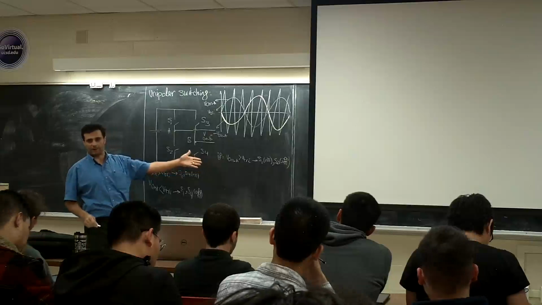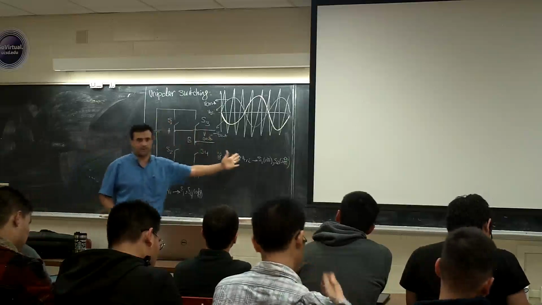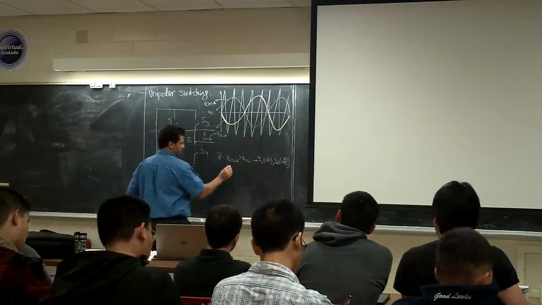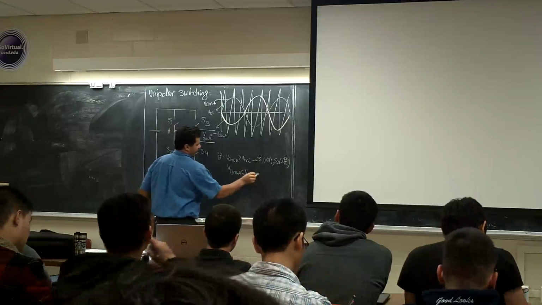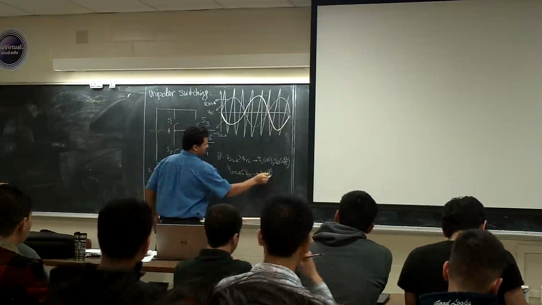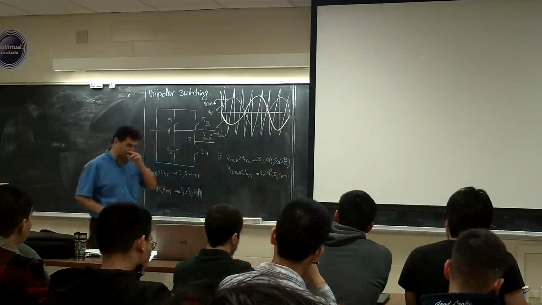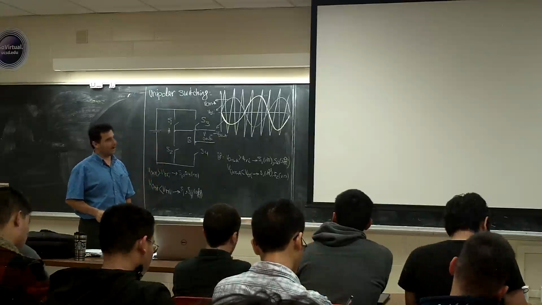This is what we had before, exactly like a bipolar switch. And vice versa, if VCon A is less than VTRI, S1 is off, S2 is on, right? That's one case. This is exactly like what we had for bipolar.